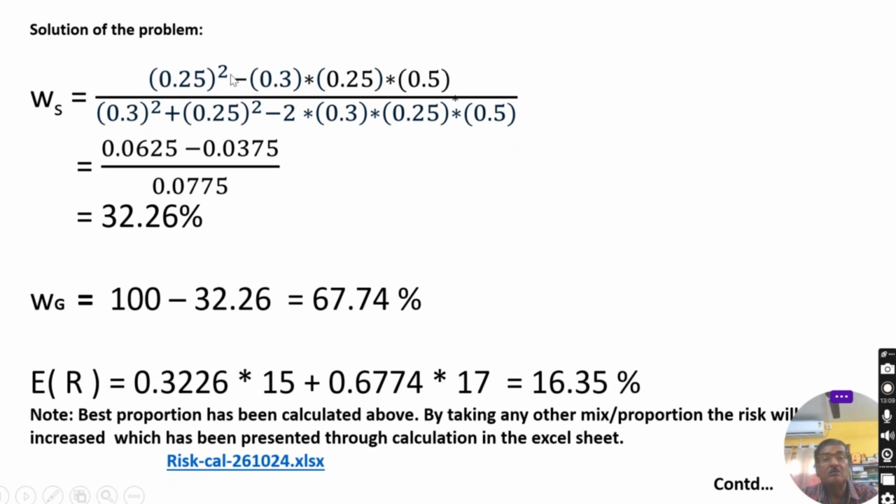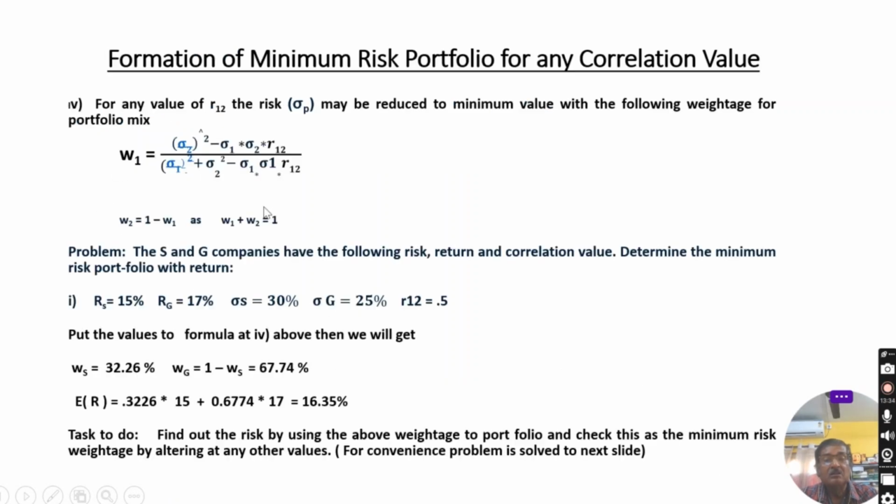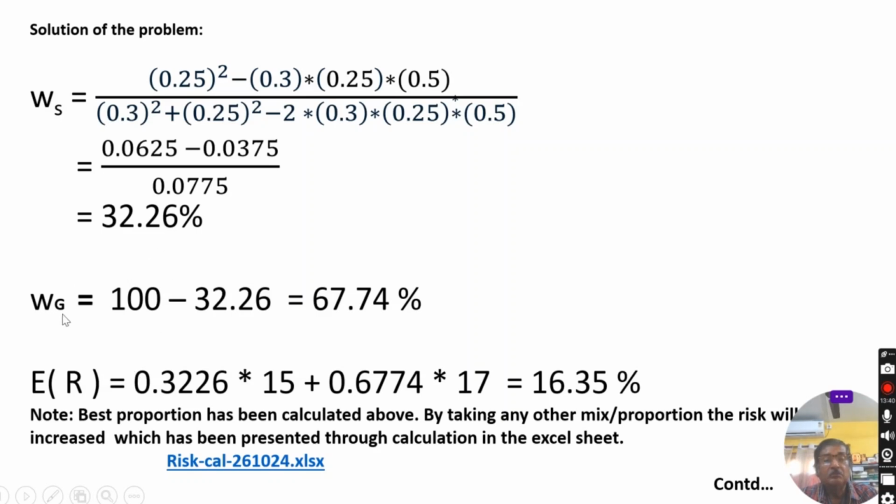This is sigma G squared minus sigma S sigma G times the correlation value, divided by sigma S squared plus sigma G squared minus 2 into sigma S sigma G into the correlation value. We will calculate it. This is the result that we have, 0.3225. And if you put that, then WG will be this percentage. The results have been shown in the previous video.